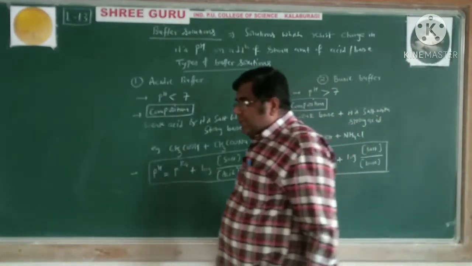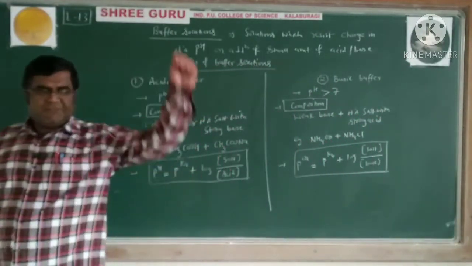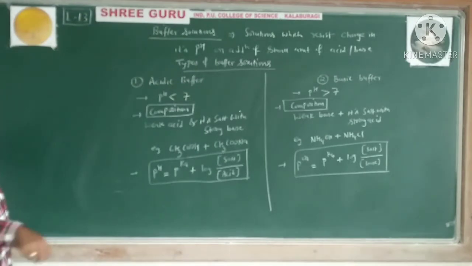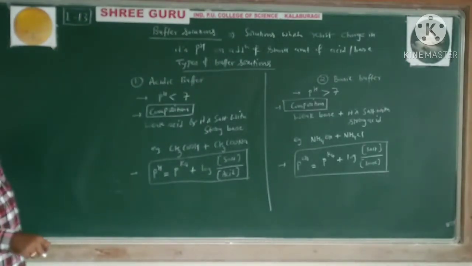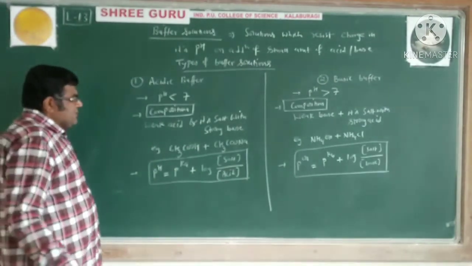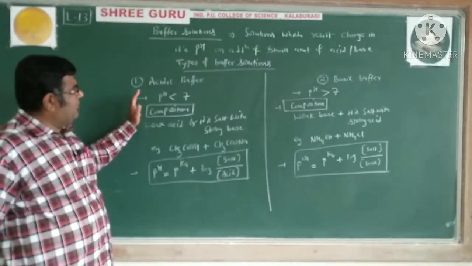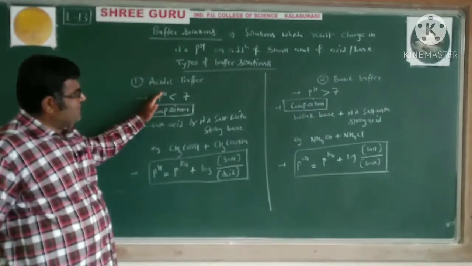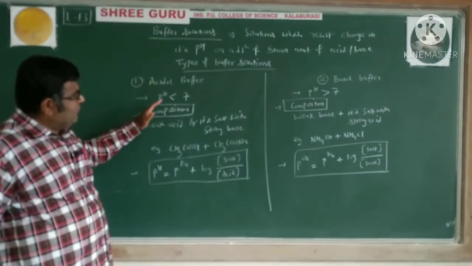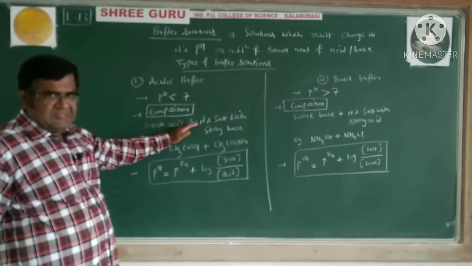Now, how are they able to resist the change in pH? I will explain this, particularly for the acidic buffer. But first, these three main important points you have to remember. Acidic buffer: pH is less than 7. It is nothing but a weak acid and its salt with a strong base.